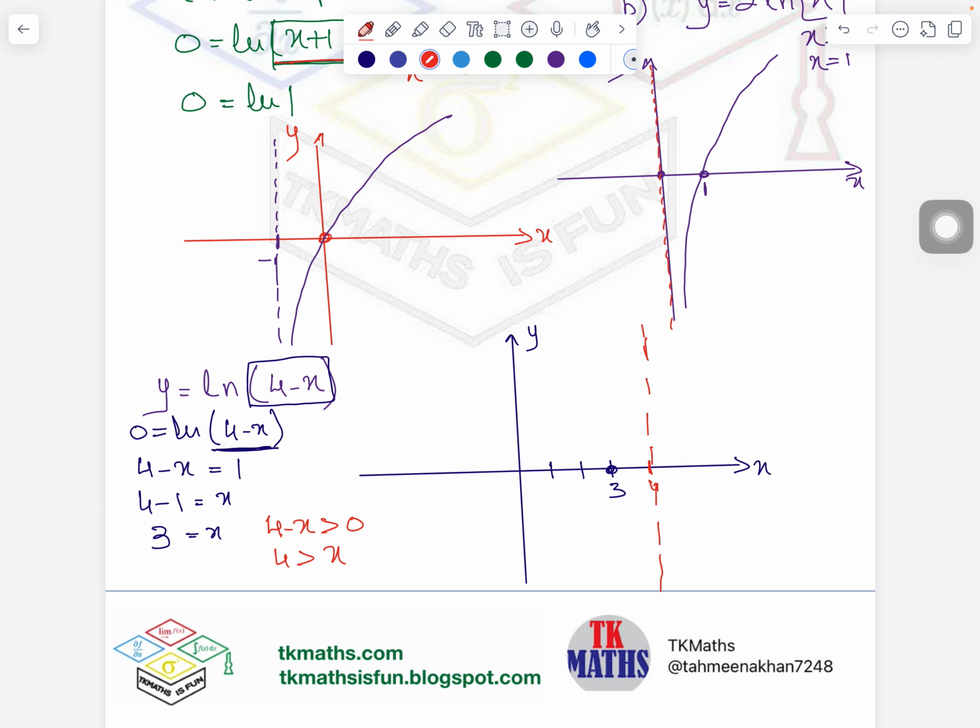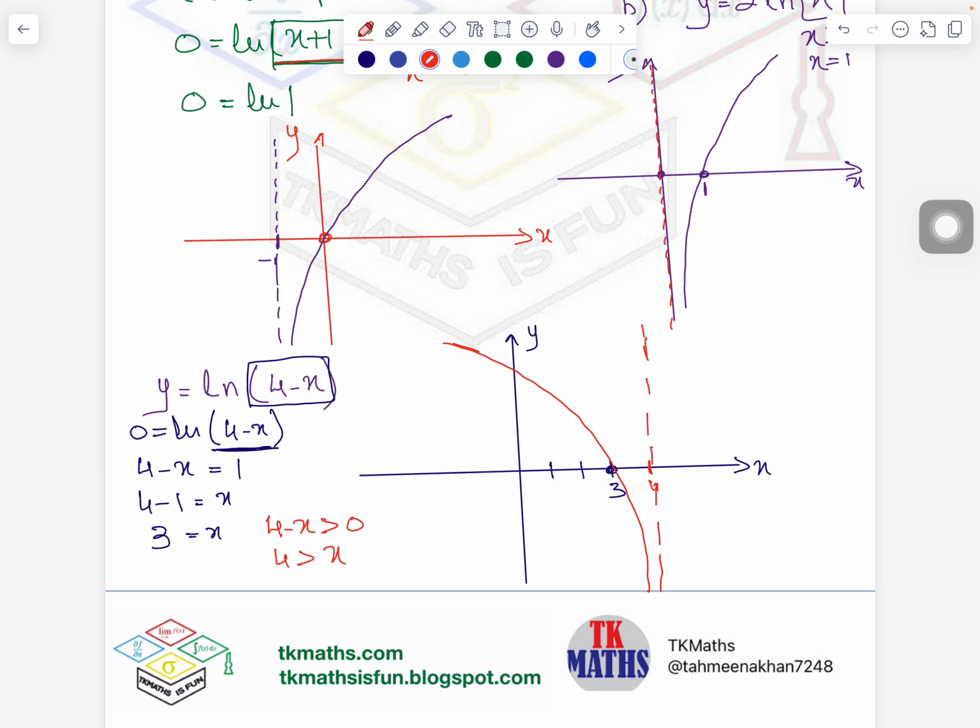Right. So now my line will come from this side, because if this is my asymptote, the shape of the curve will be something like this. Okay, because your x values are less than 4.